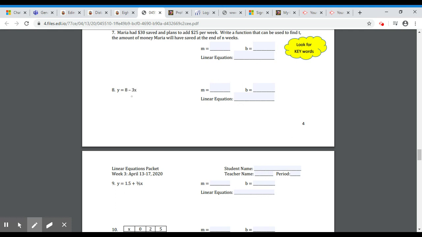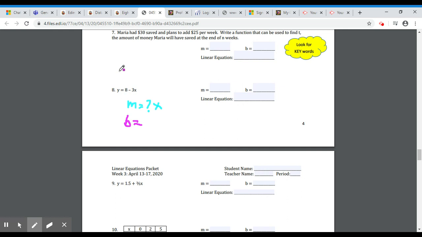What I need to remember is that my m is going to be attached to the x. So it's going to be a number times x or any other variable. It doesn't have to be x, but it's attached to my variable. And then my b is going to be on its own, away from the variable.